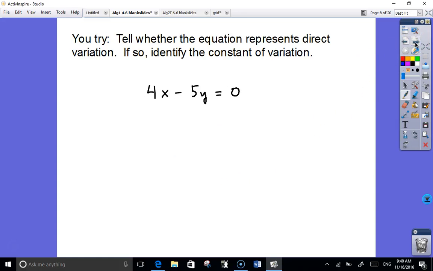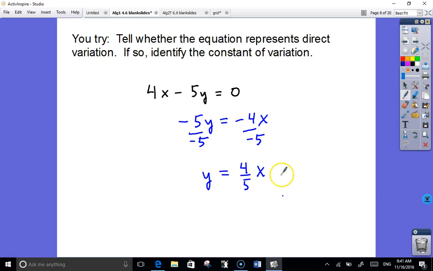Okay, try the same thing with that. So what'd you say? Was it direct variation? If you solve for y, first step, minus 4x. If it's a plus 4x on the left, it's a minus 4x on the right. Then you divide by negative 5. So y equals positive 4/5 x.